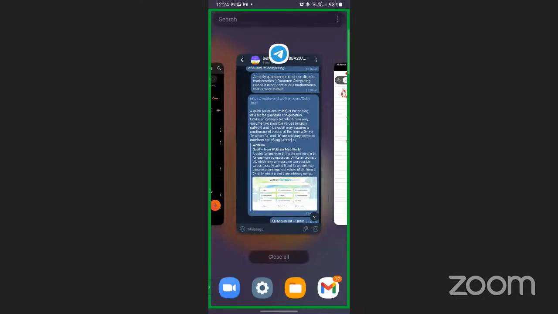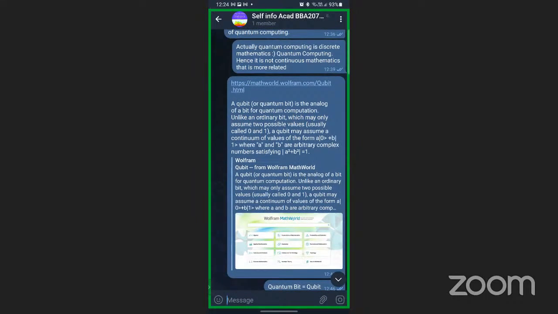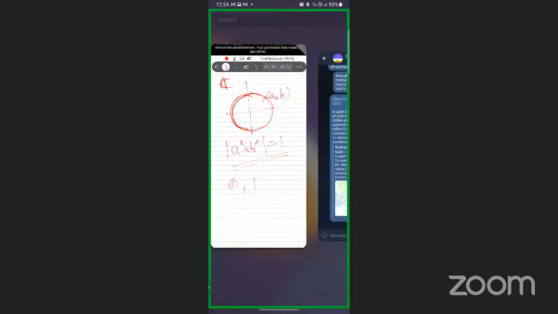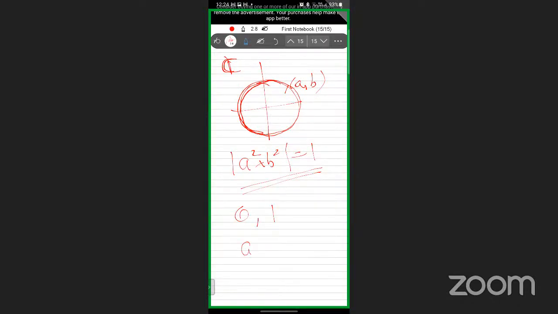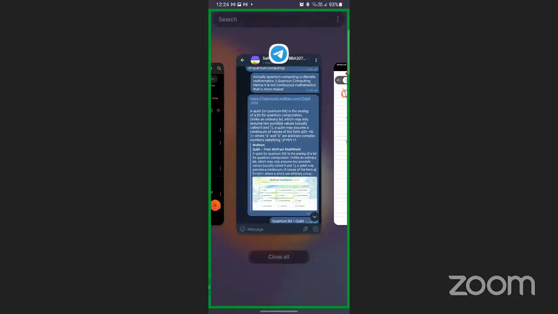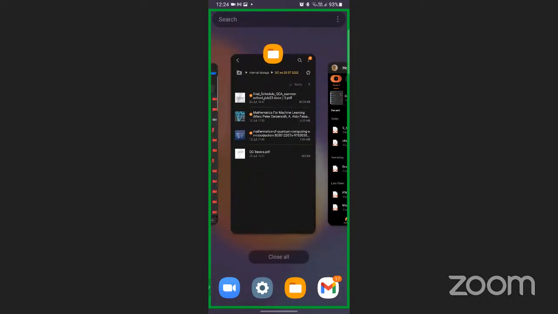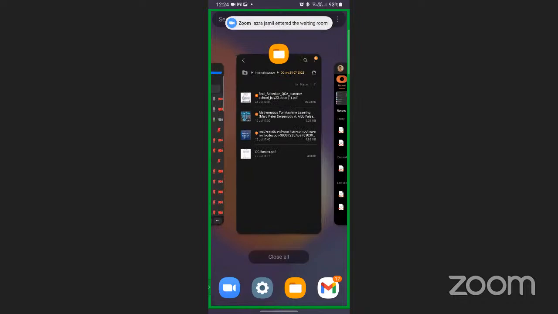So that's what is being explained here. Let me tell you about the notation. This A is 0 and the other notation. I will share one paper with you.